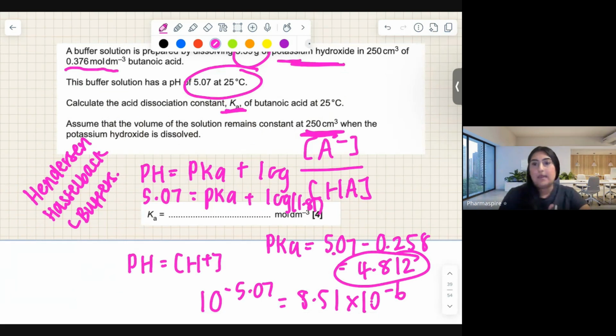Can you guys give me the Ka? There you go.